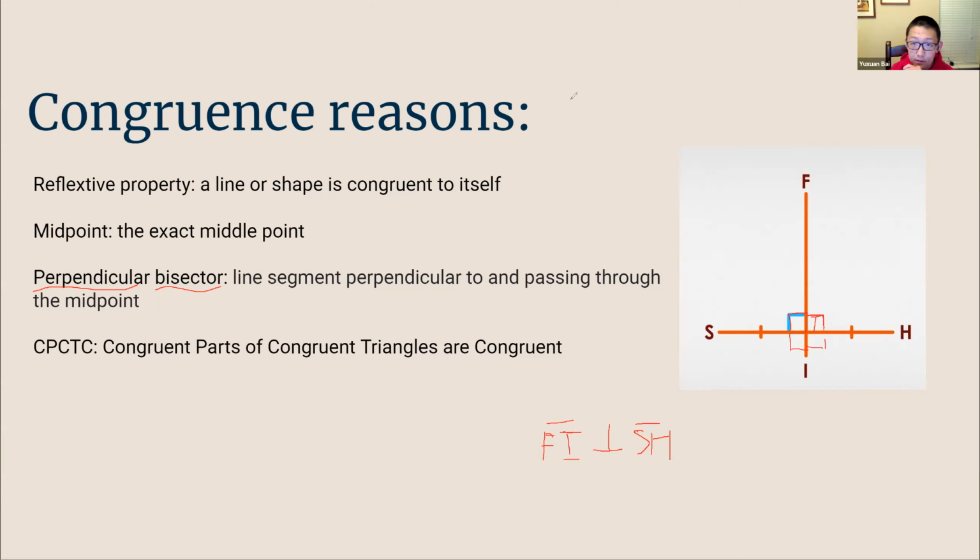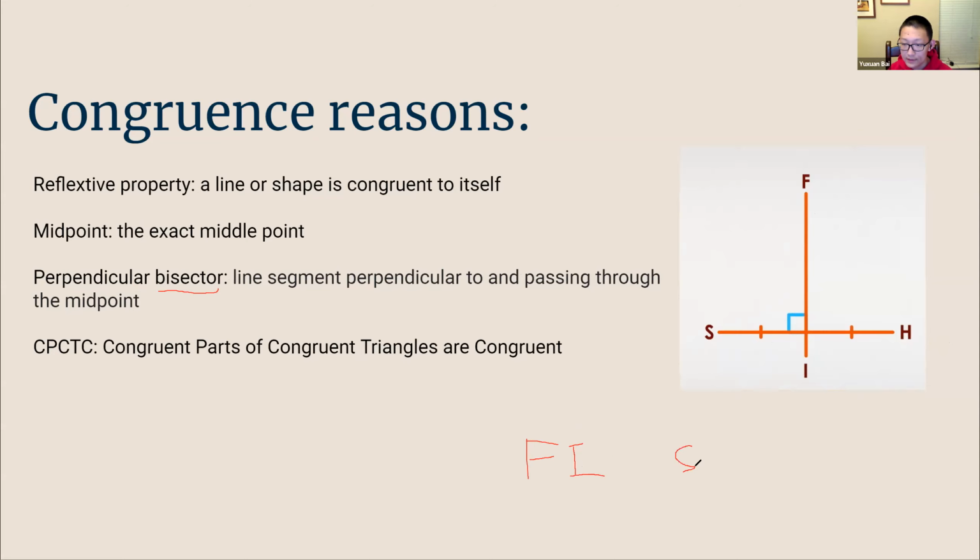And finally, the second part of what is being said here is bisector. That means one line is crossing through the midpoint of another line segment. For example, here, FI is the bisector of SH.